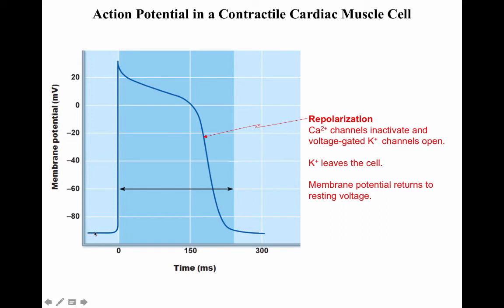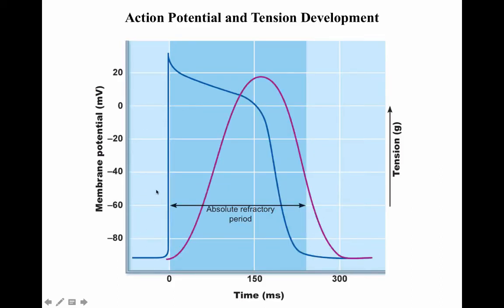And also look at the difference in this resting membrane potential: rather than negative 70 millivolts, we're around negative 90. So here, action potential and tension development, just thinking about the tension that's created through this action potential, the tension noted as this purple line that would show the tension that's created, say, within the ventricles, for instance.